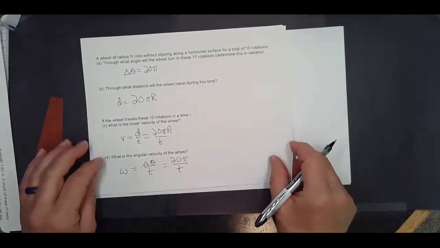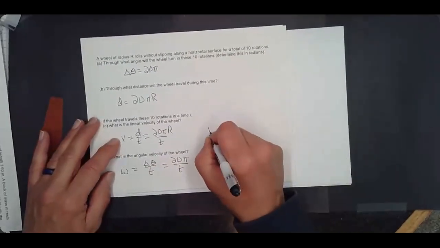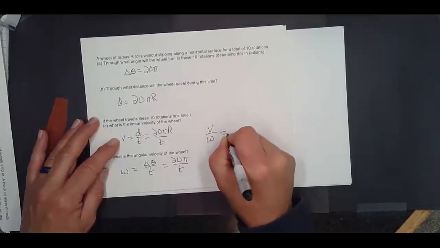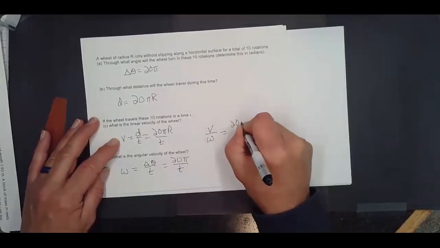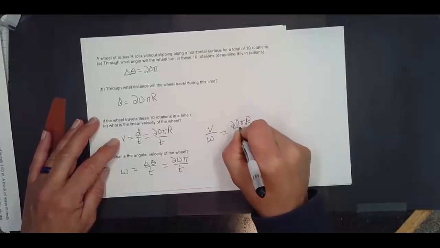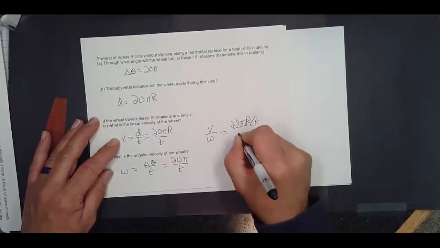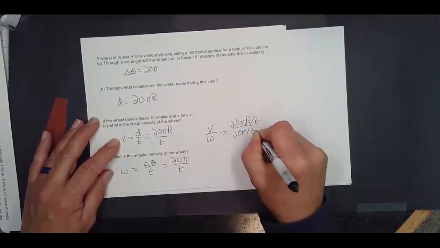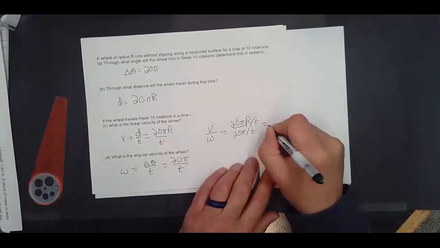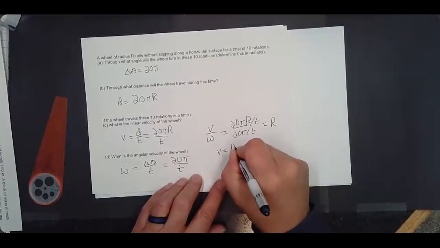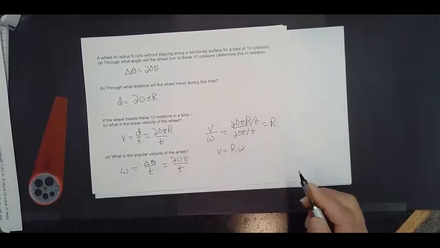Okay, well, let's just take the linear velocity and divide by the angular velocity. And what I get is 20 pi r divided by t, and 20 pi divided by t. Everything divides out except the r, and you can write v is equal to r omega.